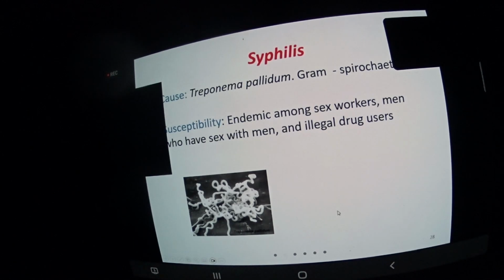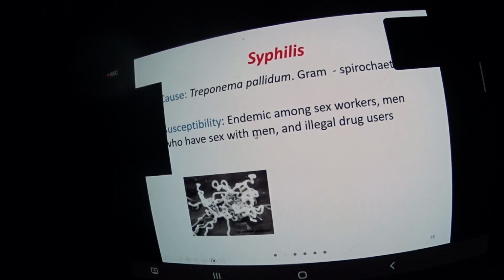Syphilis, this is the number 2 bacterial STI in the United States. Treponema pallidum is a spirochete, so it is a spiral bacteria. This is the first time that you've seen them in a spirillum formation.